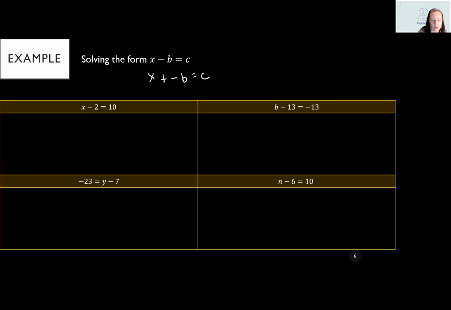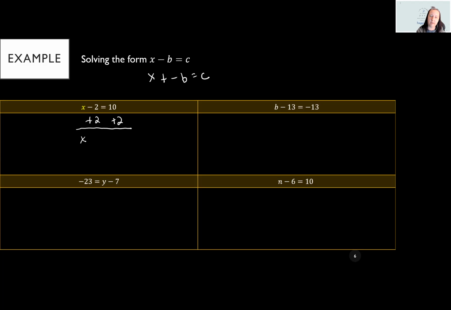So top left, we've got x minus 2 equals 10. And we want to get that x by itself. So it's a minus 2. To get rid of that minus 2, we need to add 2. So we have x.